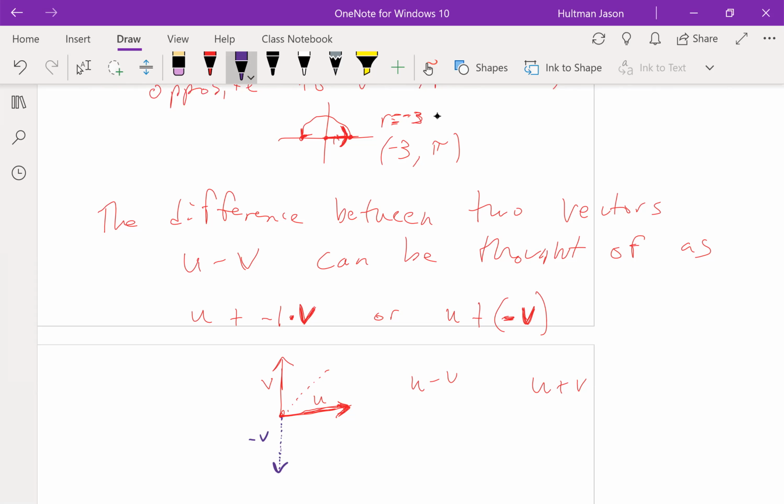Now when I do the parallelogram law, it goes down instead of up. Make sense? So this guy here is u minus v. It goes down instead of in between.